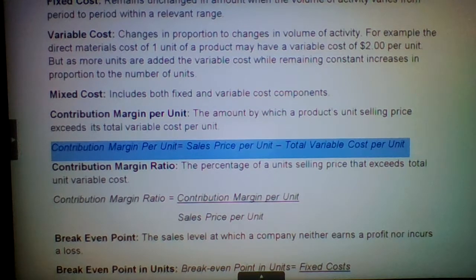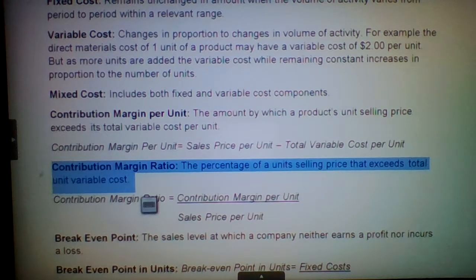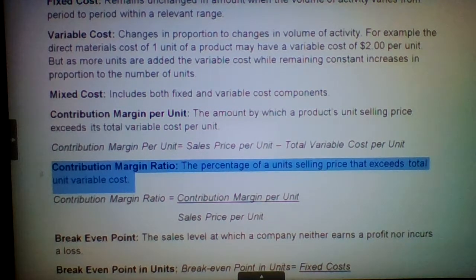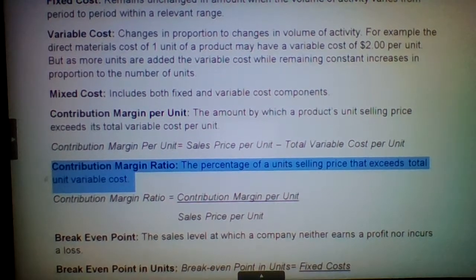Okay? Then we're going to get to contribution margin ratio. This is important when you're trying to figure out what your ratio is as a percentage. So you're going to take the percentage of a unit selling price that exceeds total unit variable cost. Again, we'll use that $100 reference. You have $70 of variable cost.